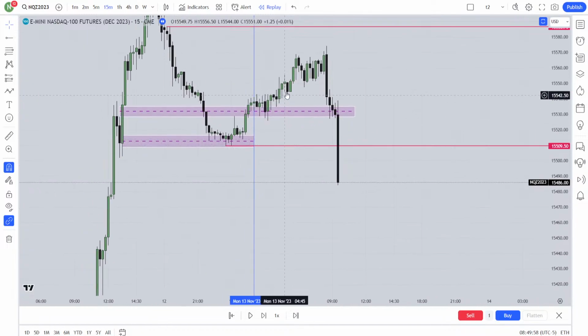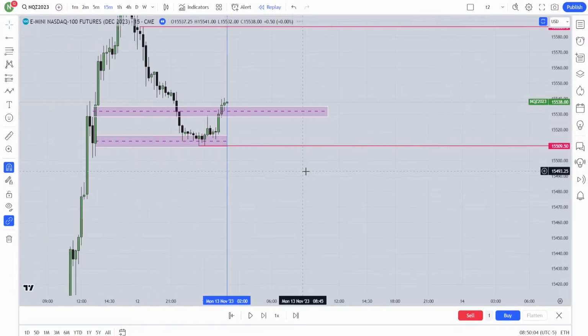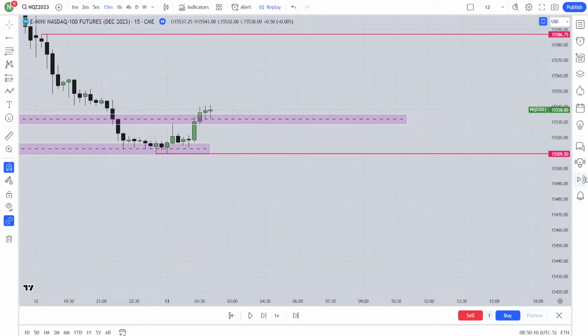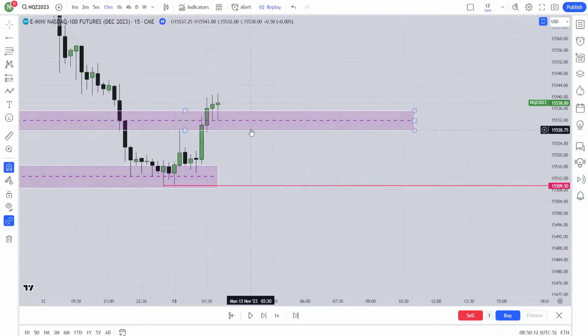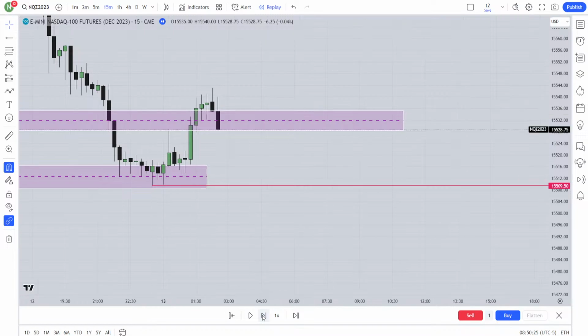Now, how do you know that it is going to be sloppy? So this is the first 15-minute candle. I got a very small body, big wick. No problem, I'm waiting. Maybe the market is okay. I'm waiting for a setup. Then this candle, what has it made?